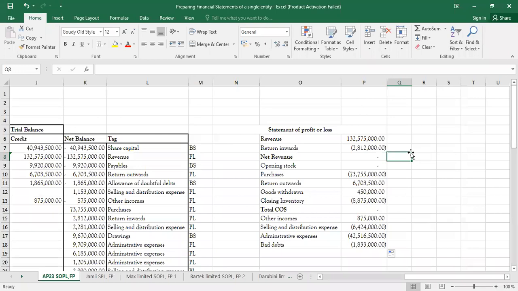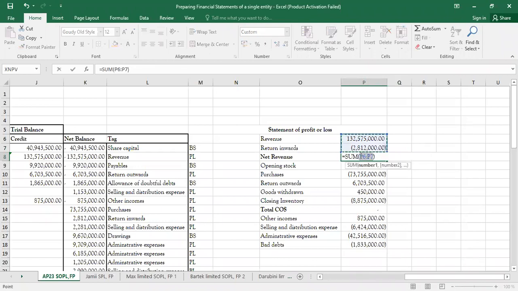So, just to tell you, our revenue, here is where you make certain corrections, isn't it? Our revenue here will be reduced by return inwards, isn't it? Of which it's okay, isn't it?